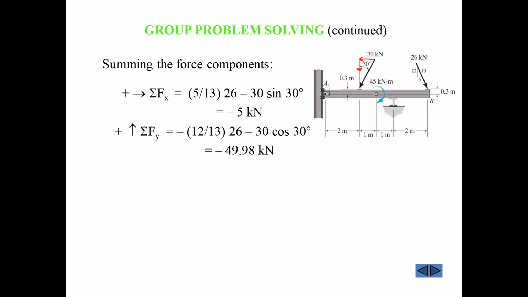Yes, it's a sine 30 and it's minus. So it's minus 30 sine 30, right? And that gives you minus 5 kilonewtons. And what about this one? This one now, how many components? Let's go for the y component over here. One will be coming down. So it's minus, all right?